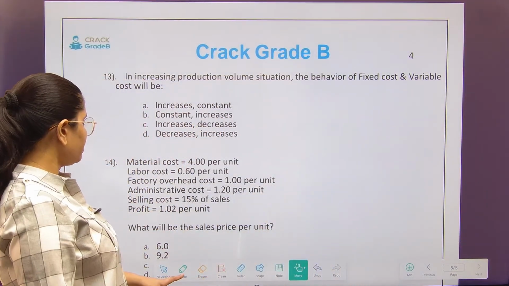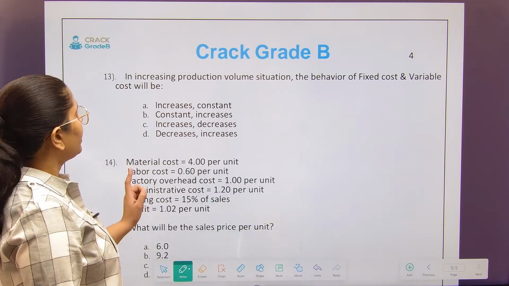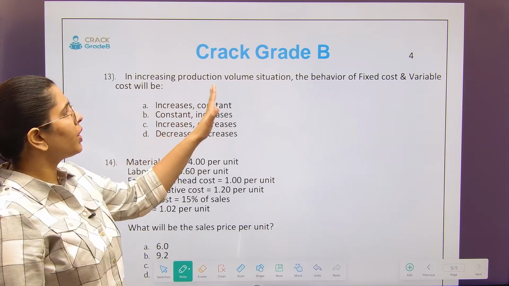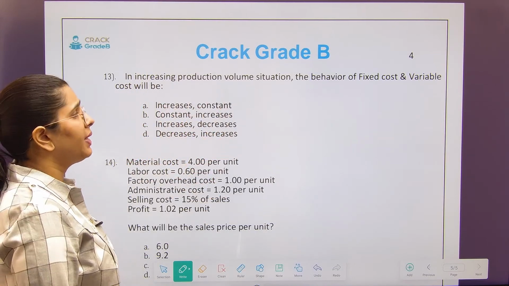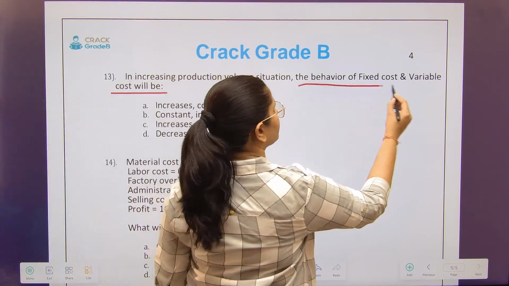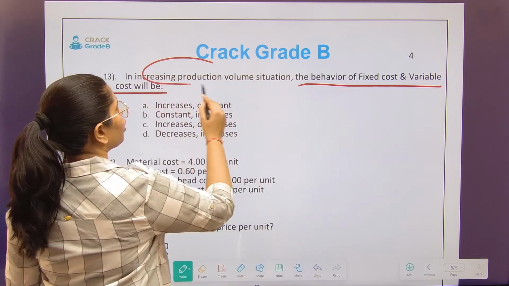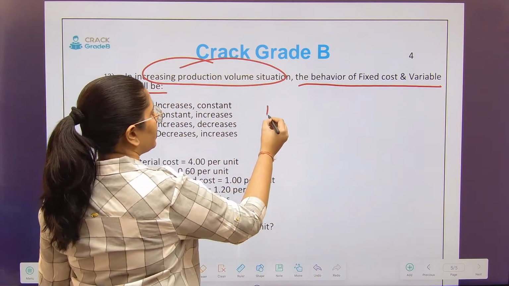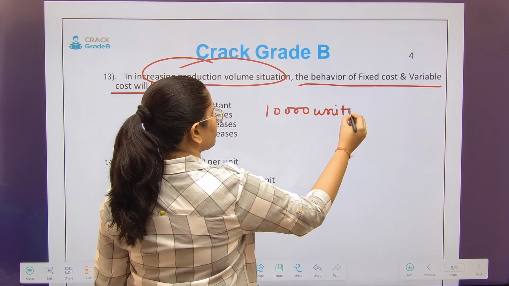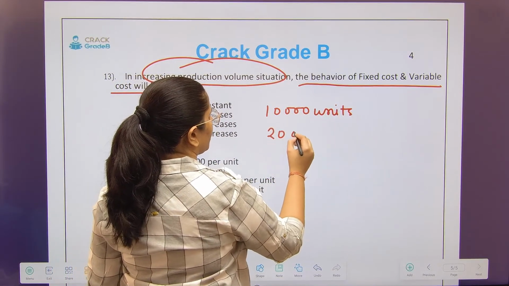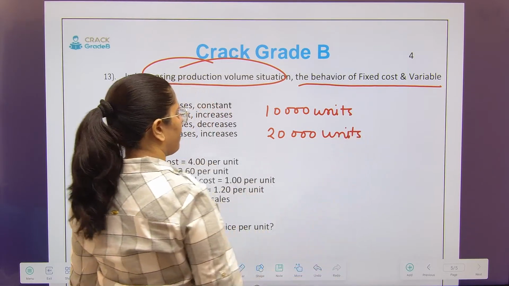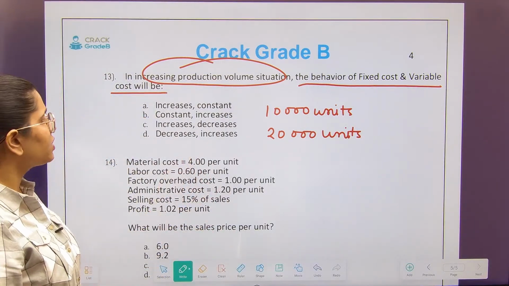Now again an easy question, but conceptual. In an increasing production volume situation, the behavior of fixed cost and variable cost will be. If your production volume is increasing, it means earlier you had produced 10,000 units. Now you are producing 20,000 units. So your production has gone up. What will happen to your fixed cost?